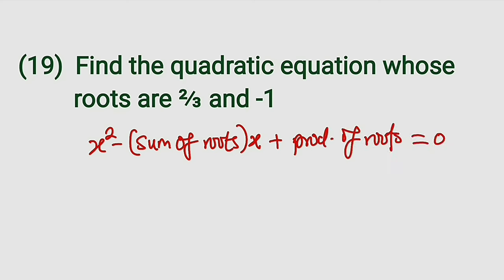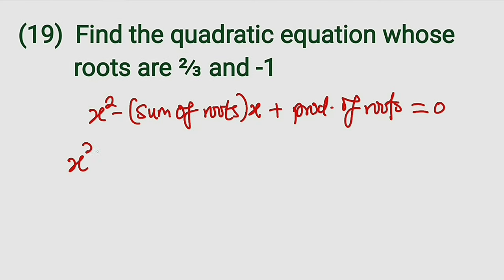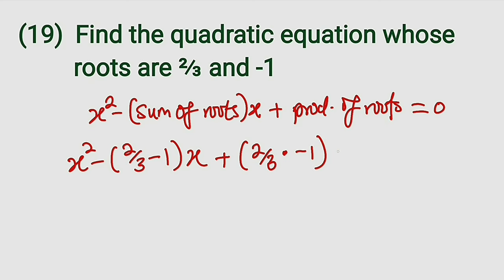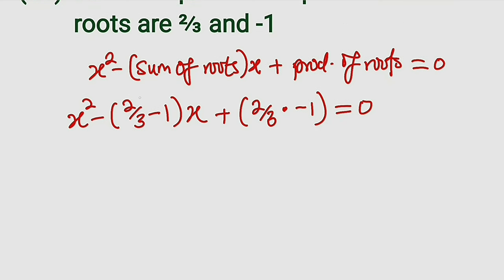Everything equal to 0. So this is x squared minus the sum, meaning we should add them together. We have 2 over 3 plus negative 1, but plus or minus will overpower, times x, then plus the product, meaning we should multiply them together, and this is equal to 0.